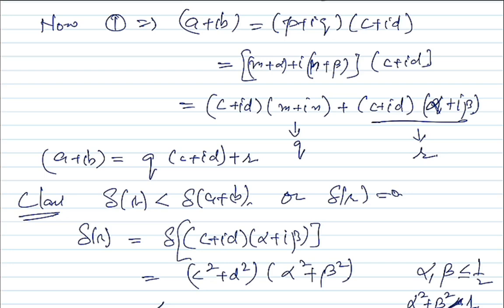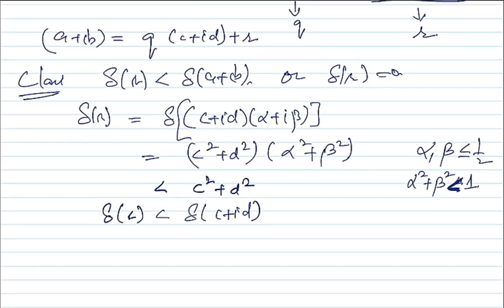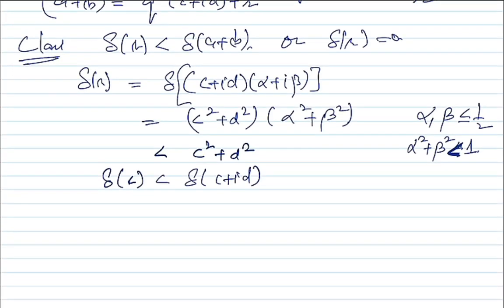So it is less than c square plus d square. Therefore delta r is less than delta of c plus eta d, or delta r can be 0.